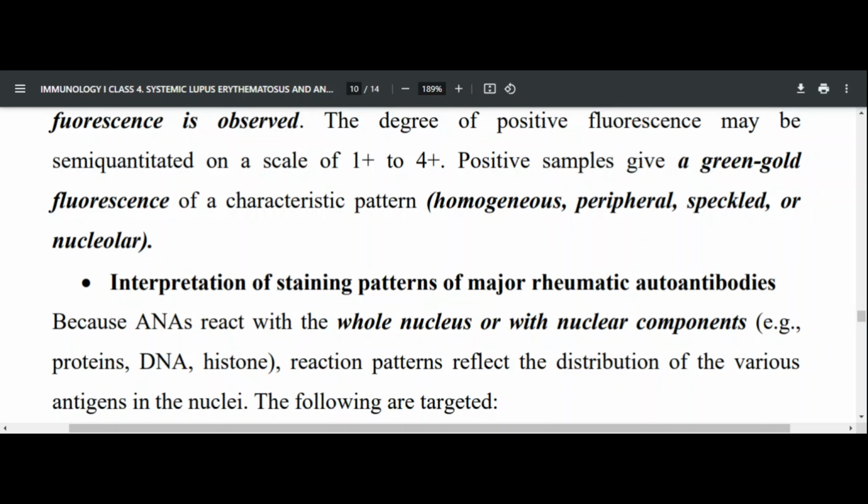When the antigens are distributed along the rim of the nucleus, that's when you are able to see what we call peripheral reaction. If the antigens are just located in the center of the nucleus, you are going to see another reaction, for example nucleolar reaction. Or sometimes antigens are scattered in the nucleus, so you are going to see speckled reaction, because speckled reaction shows the scattered pattern of the immunofluorescence.